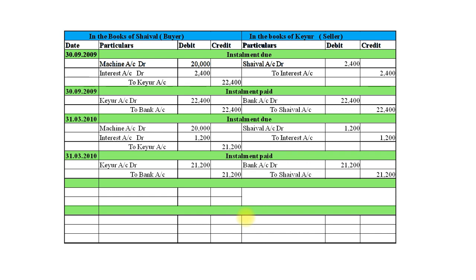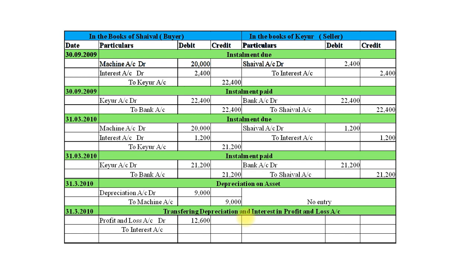Now at the year end, depreciation entry on 31/3/2010, depreciation on asset. In the books of buyer, it will be depreciation account debit to machine 9,000 and in the books of seller, no entry. And on 31/3/2010, transferring the depreciation and interest in profit and loss account. The journal entry will be profit and loss account debit 12,600 to interest account.